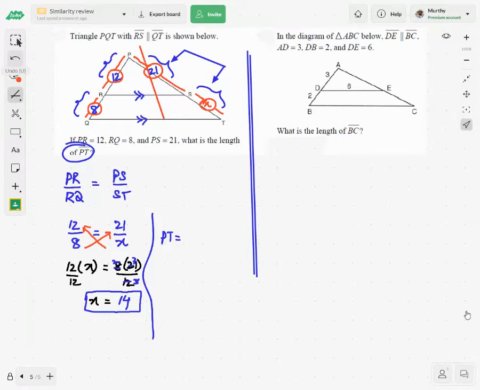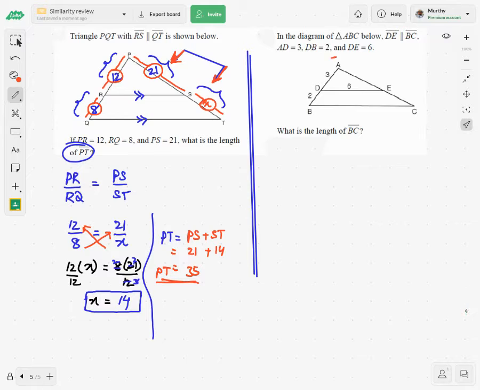You want the length of PT, that means the whole thing, PT, that can be computed by adding these two portions, the upper segment and lower segment, PS and ST. By adding PS and ST, which is 21 here, and just now I computed the value of ST, which is 14, that gives me 35. I'm done with this sum.